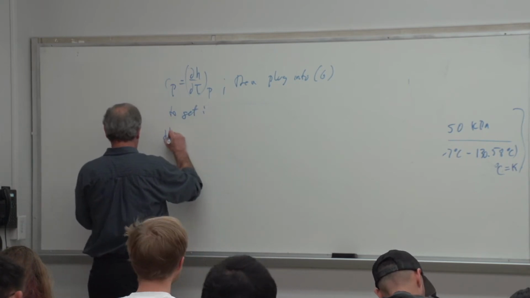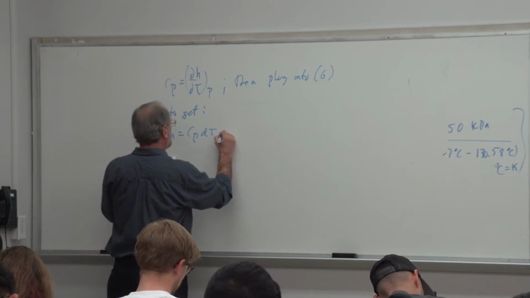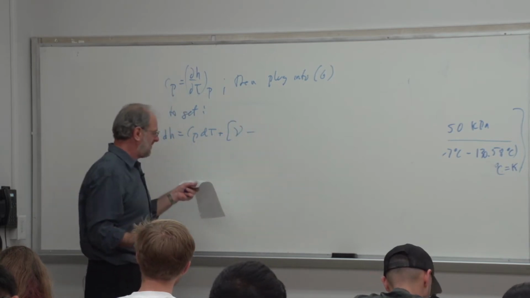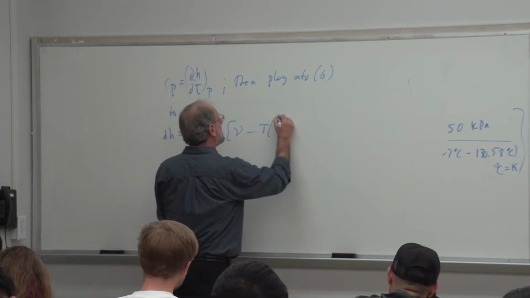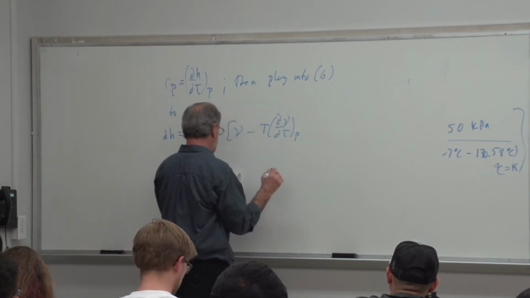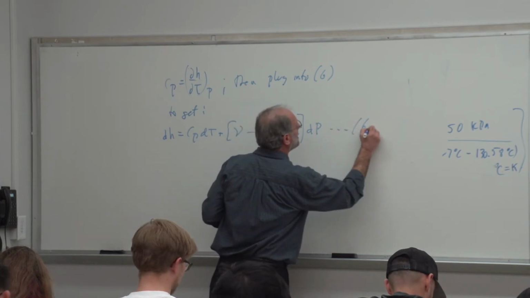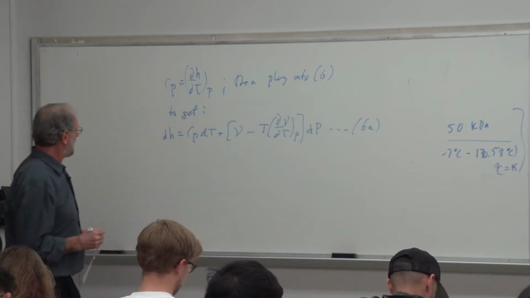We end up with dH equals Cp dT, plus the specific volume minus T times del V del T at constant P, dP. And this equation I want to call 6a.